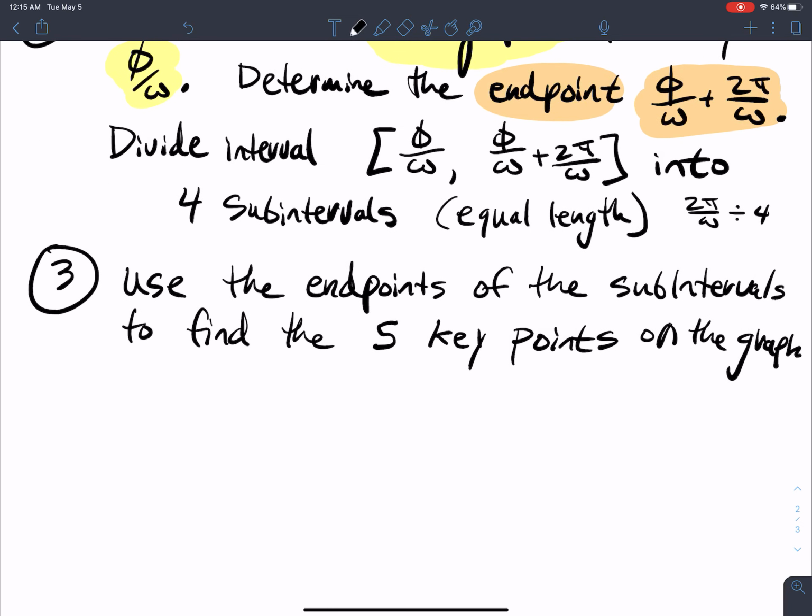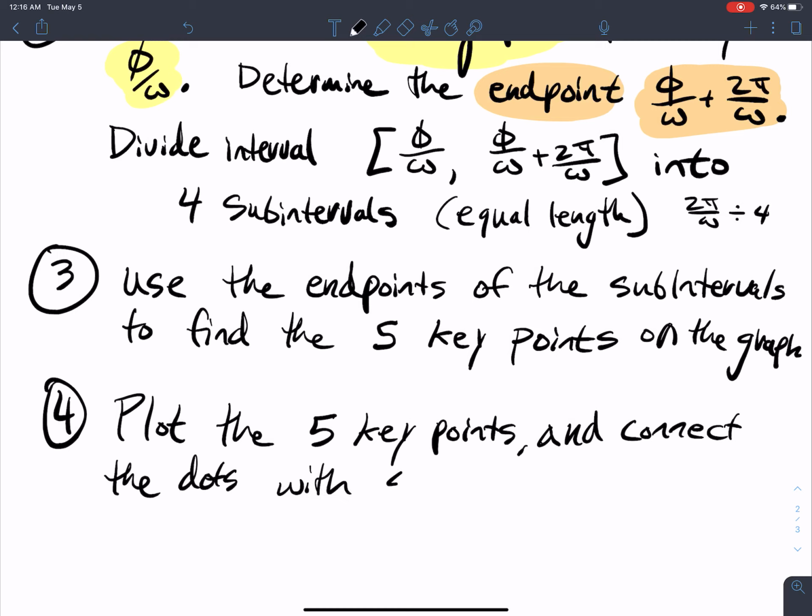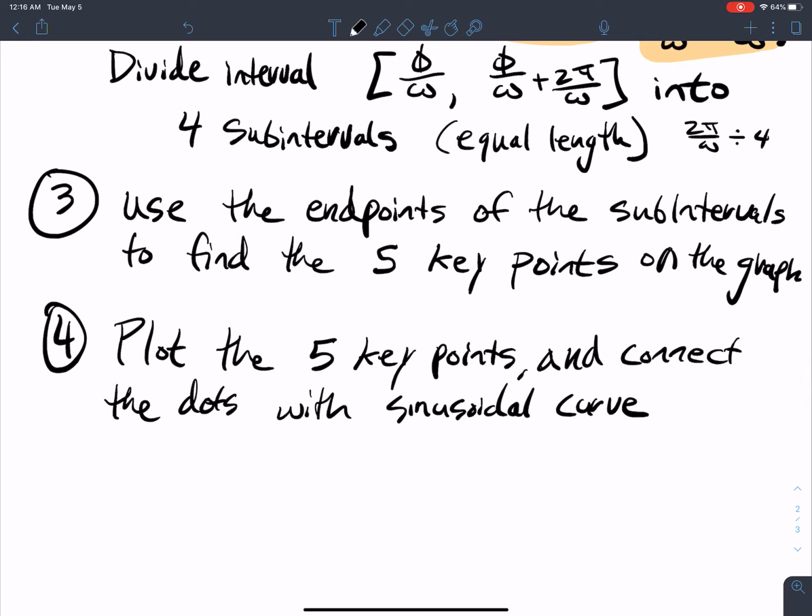Step 4, you're going to plot those 5 key points and connect with the sinusoidal curve to obtain the graph of one cycle. After that, you can copy the cycles as many times as makes you happy.